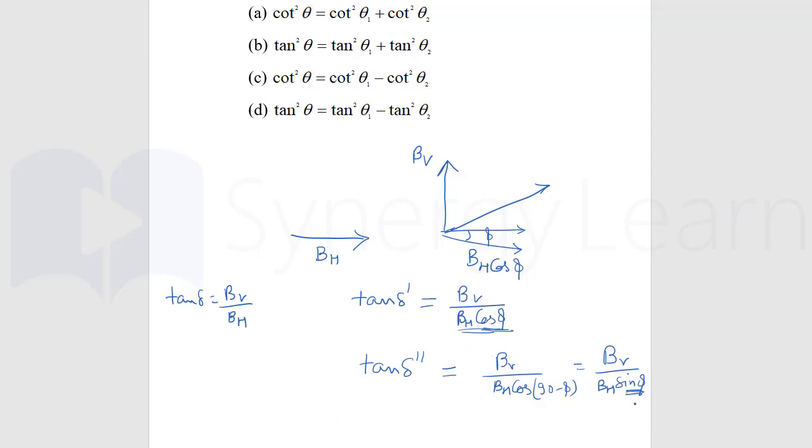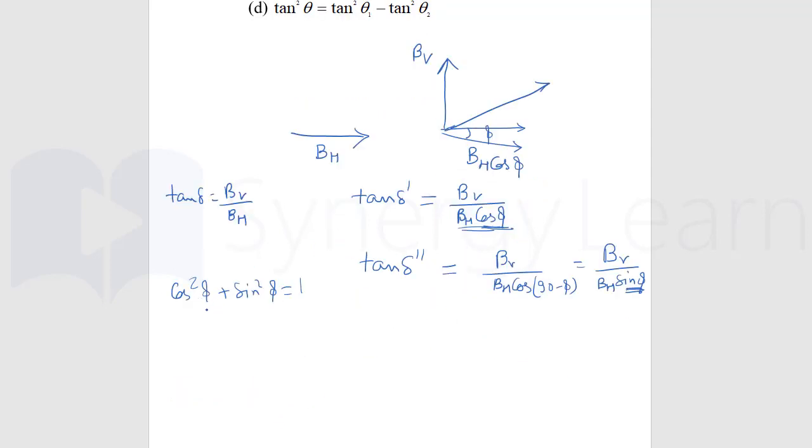Now to get rid of cos and sin, we must take the reciprocal and square them, because cos square phi plus sin square phi will be equal to 1. Hence, in place of cos square phi, the proportionality will give us 1 by tan square delta dash plus 1 by tan square delta double dash, and obviously this will be equal to 1 by tan square delta.